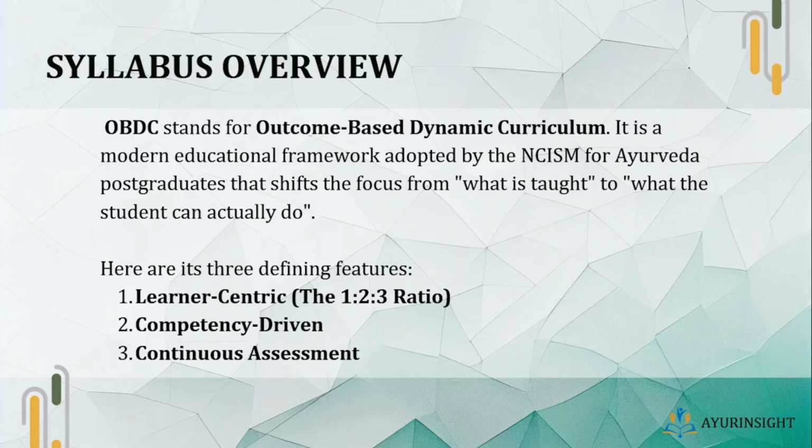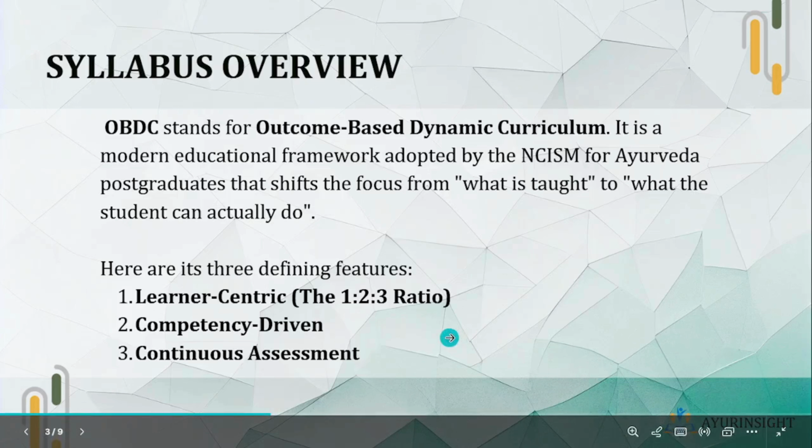Pre-MD was after 1 year of admission, and final MD was in the last year of the MD course. In the first year there were two subjects: research methodology and statistics, which were combined, and the other one was this particular subject which we are going through. The students learned those subjects for the whole year and were directly given the examination at the end. But in this OBDC kind of syllabus, it is continuous assessment.